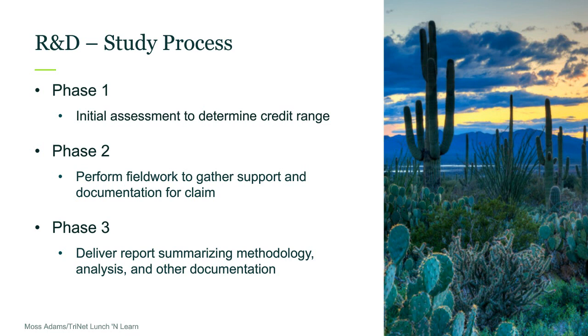And in phase 2, if we're given the approval to move forward, we perform the field work, we interview the technical staff, and we gather supporting documentation for the claim. And then in phase 3, we deliver a report that summarizes the methodology we use, the analysis, a summary of the credits, and other pertinent documentation.